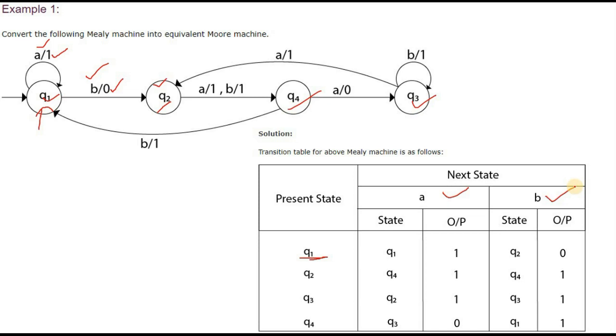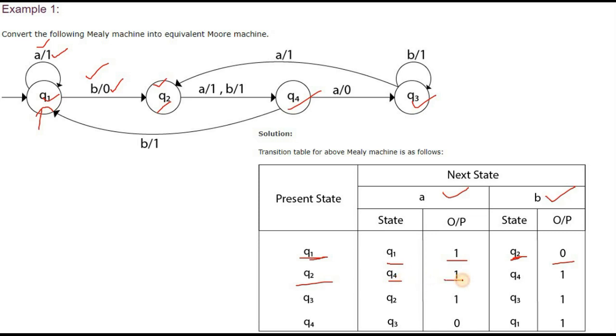For Q1 the output is 1, and it goes to Q2 with output 0. Coming to the Q2 state, it goes to Q4 with output 1.